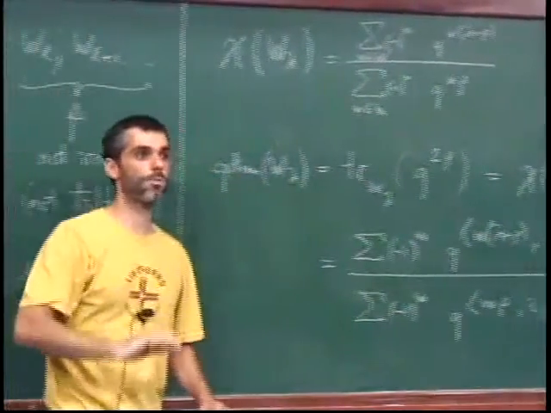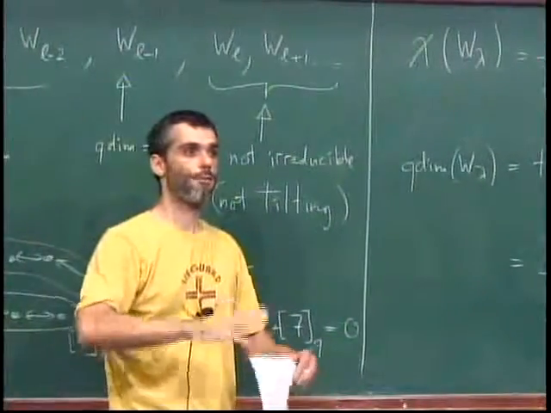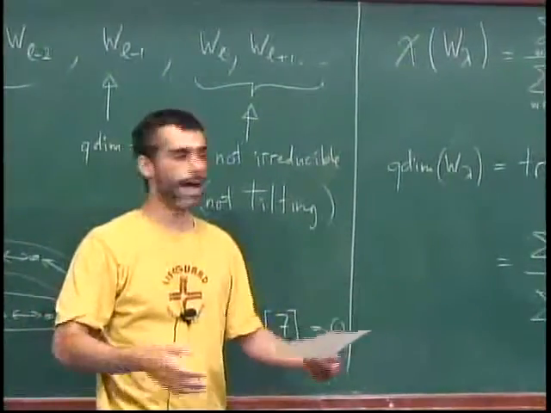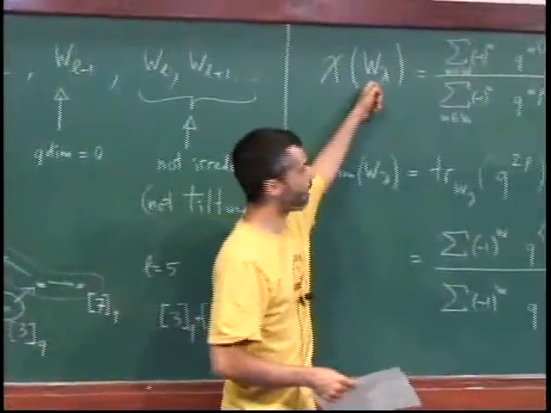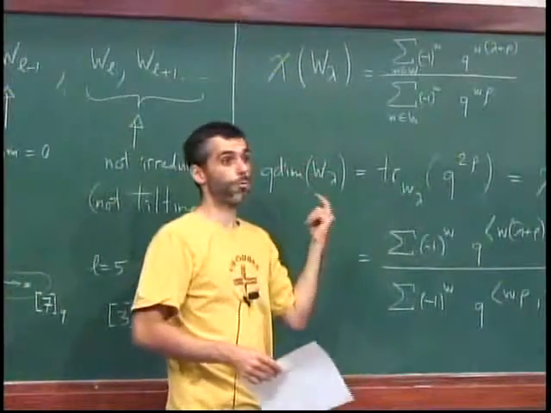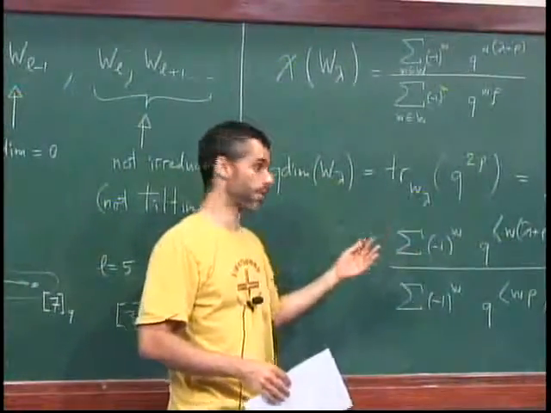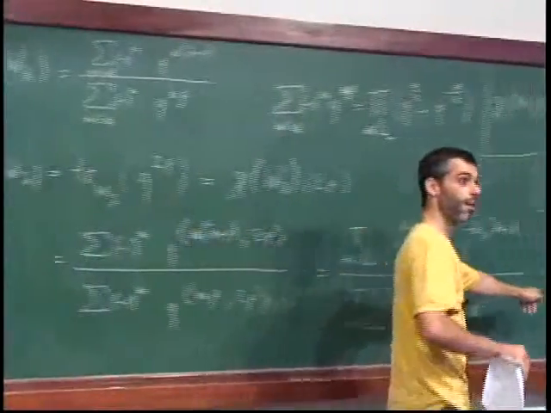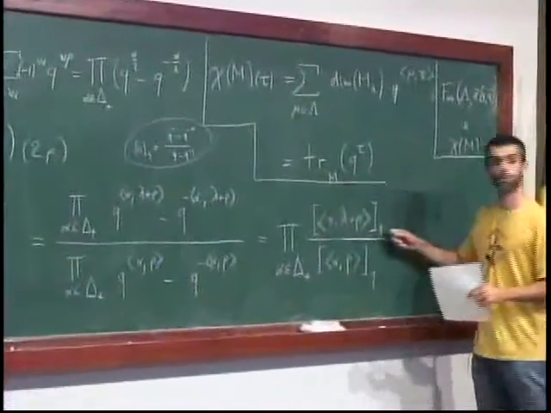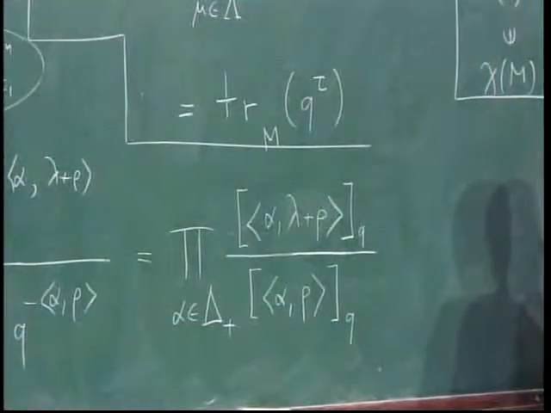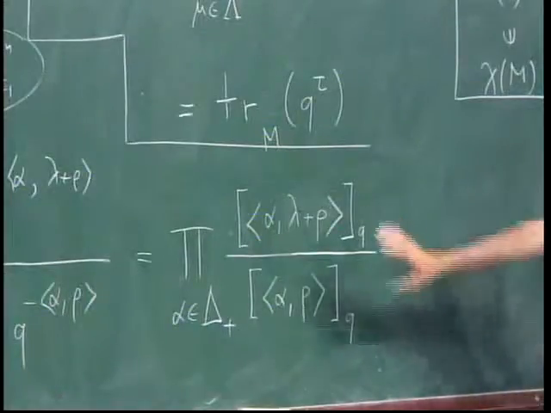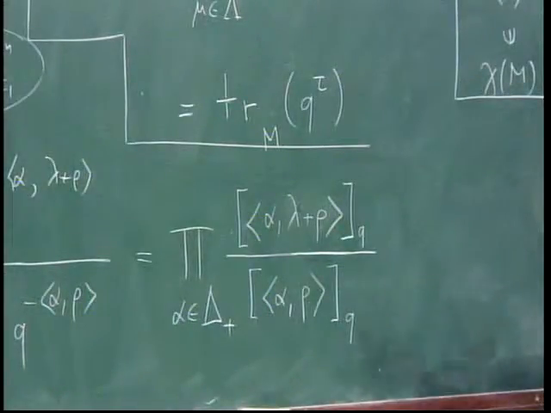So the one place where the Weyl character formula fails to provide an answer is to compute the dimension of this. However, if you don't want to compute the dimension, but the quantum dimension, then you can do it. And at the end of the day, you can set q equal to 1 and get a formula for the dimension. So this is a cool little application, where you get a formula that you expected not to be there.